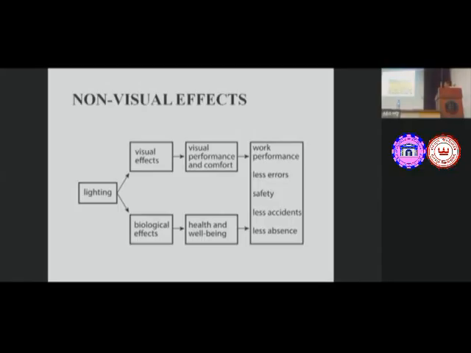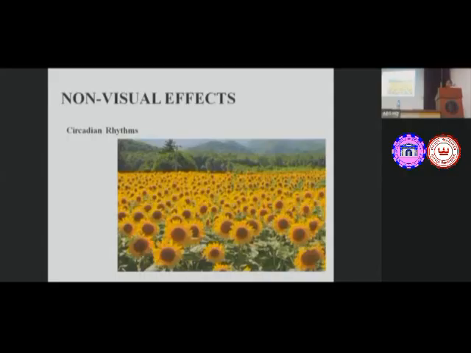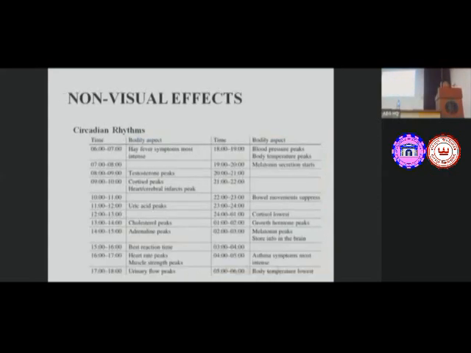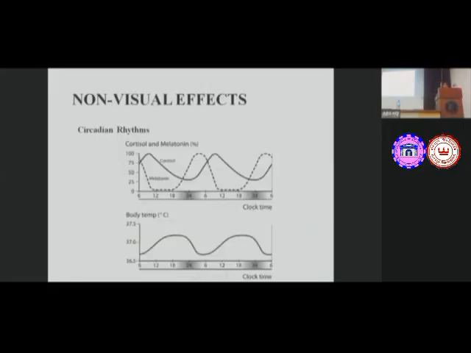We need to go through this, and we know about circadian rhythms. We know sunflowers follow the sun, and in the morning it comes back and again follows the sun. That also happens in human beings. At the hormone level, specifically two hormones, cortisol and melatonin, are totally dependent on light.